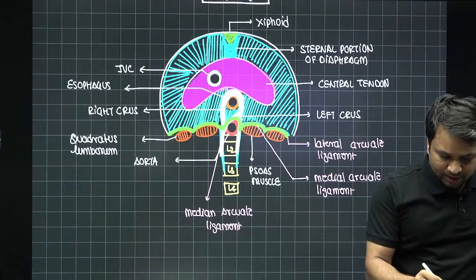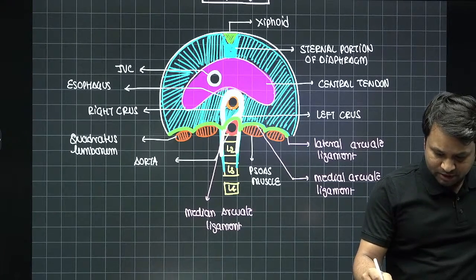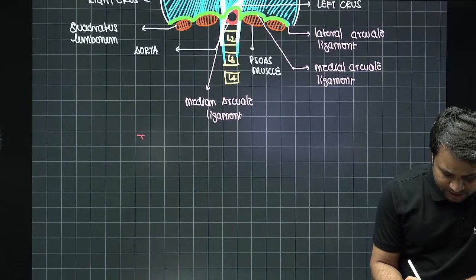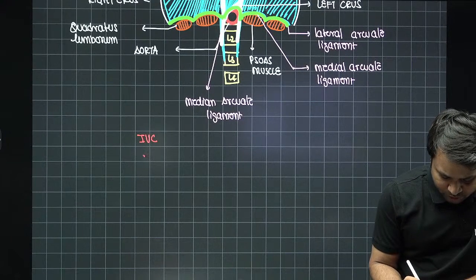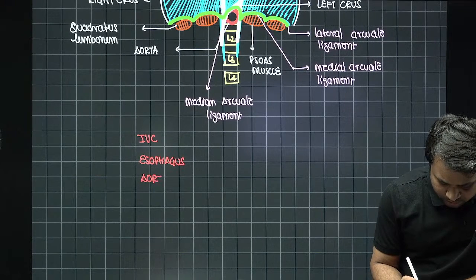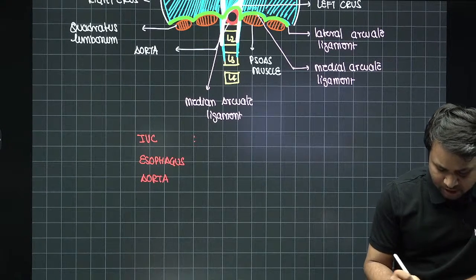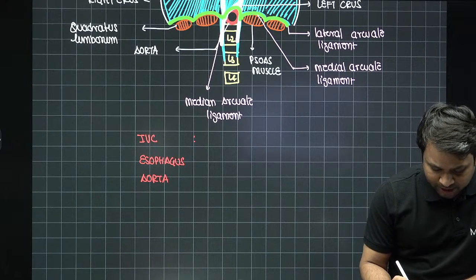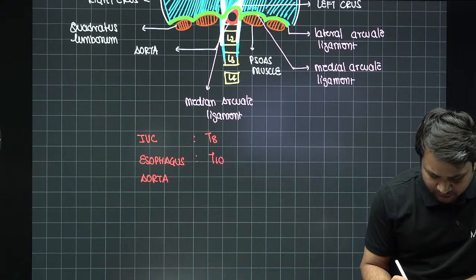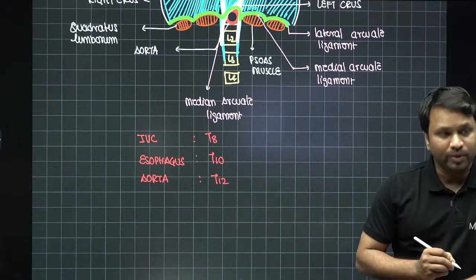When you look at the orientation, remember the IVC is the first one to open, then you have the esophagus, and the last one is going to be the aorta. IVC is going to be at the T8 level, esophagus at the T10 level, and aorta at the T12 level, right?